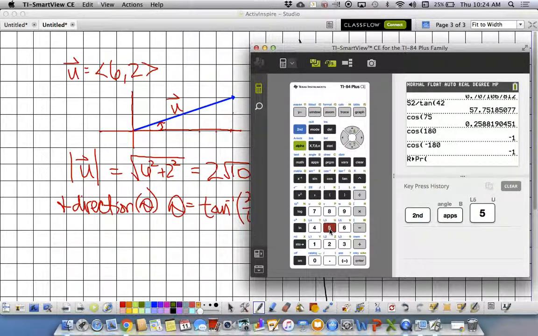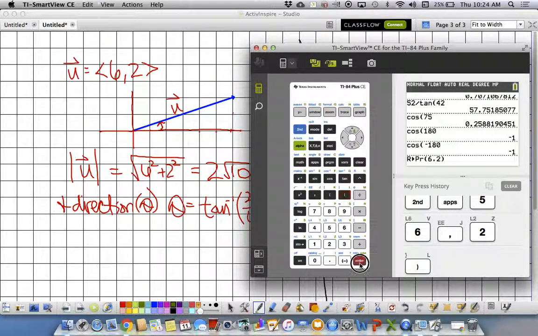If you plug in 6, comma, 2, in parentheses, the comma is right beside x squared, we got 6.32.